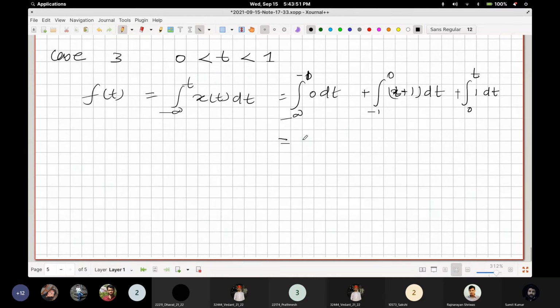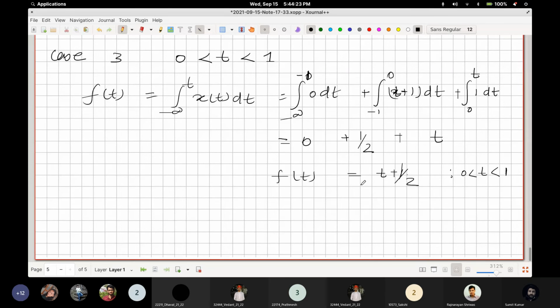Now this part is 0; integrating this part, that is, finding the area of the triangle, will be equal to half only. And then this is going to be t, so what you have is t plus half.